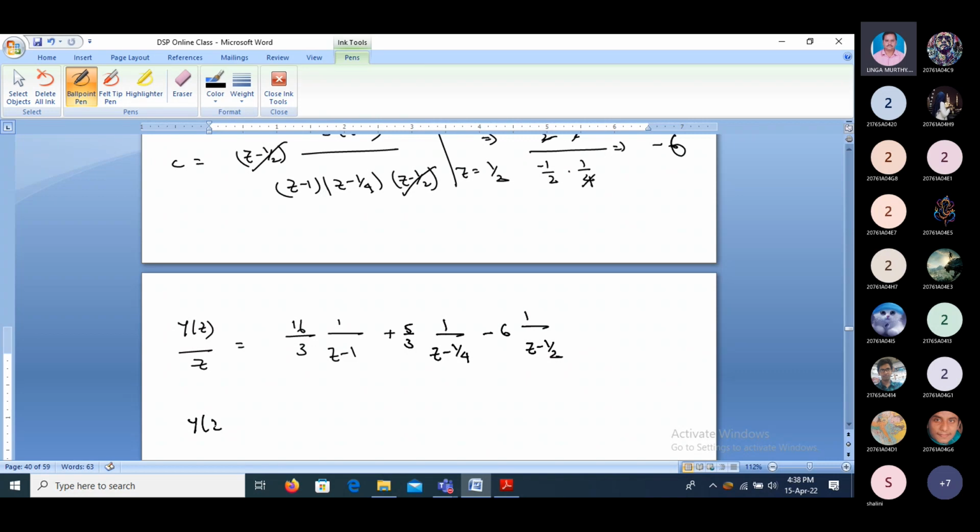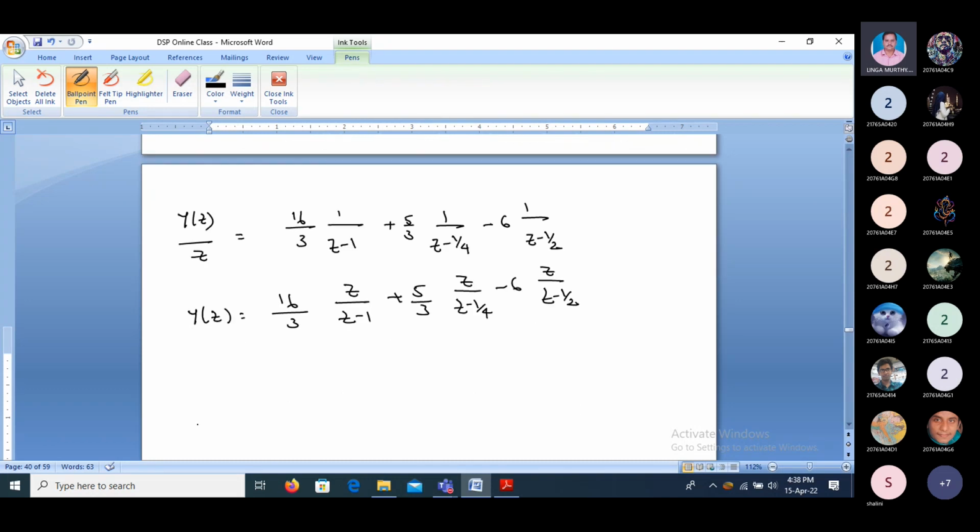So from this, Y(z) is equal to 16/3 times z/(z minus 1) plus 5/3 times z/(z minus 1/4) minus 6 times z/(z minus 1/2). So finally, clearly observe it.